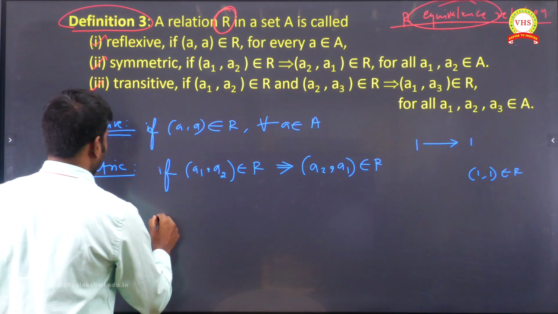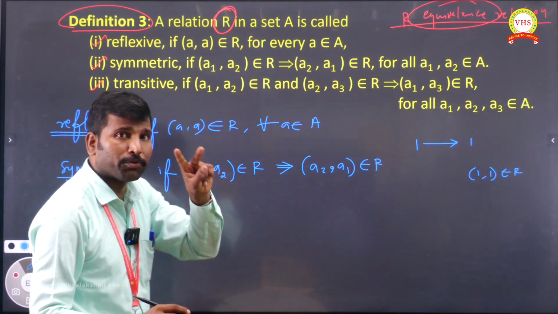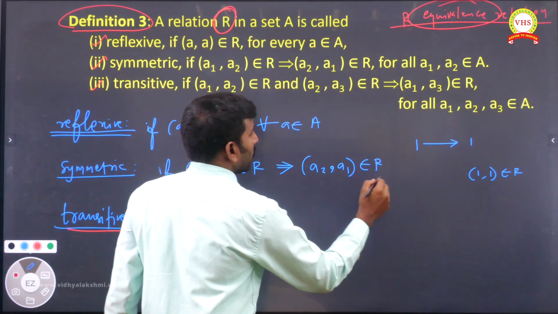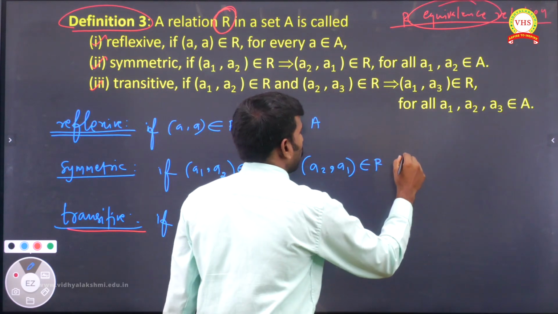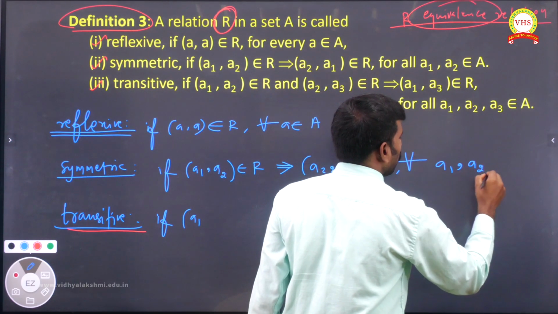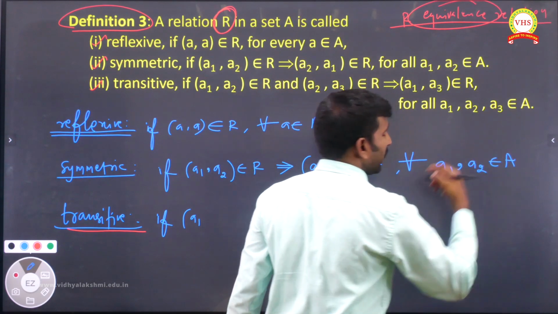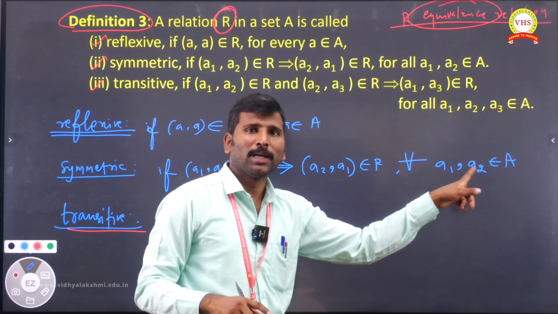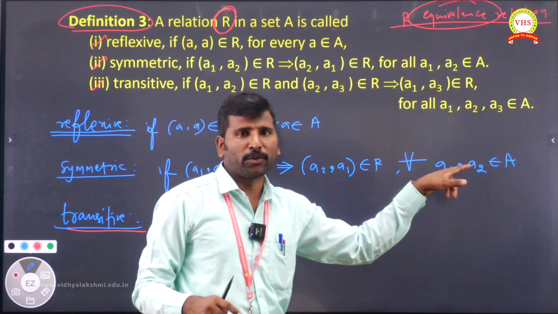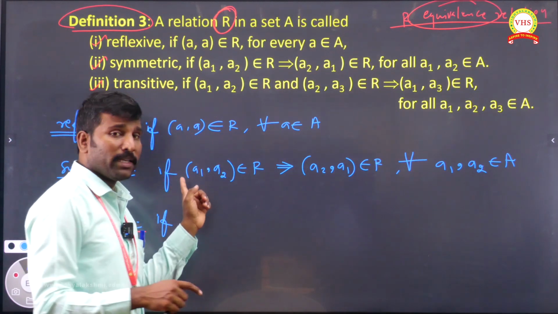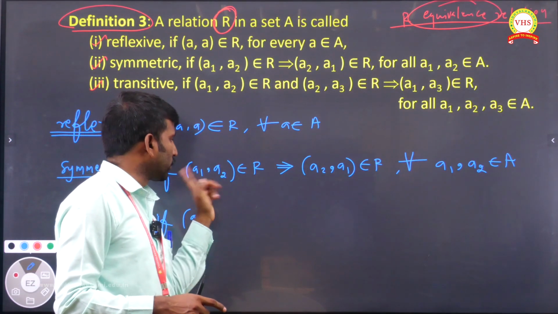Next, what is transitive? Transitive in the same manner, we have to go with 3 elements. For symmetric, for all a1 and a2 must belong to the set A. From the set A only you should take 2 elements. By using 2 elements, you make an ordered pair, and its reverse should be there.